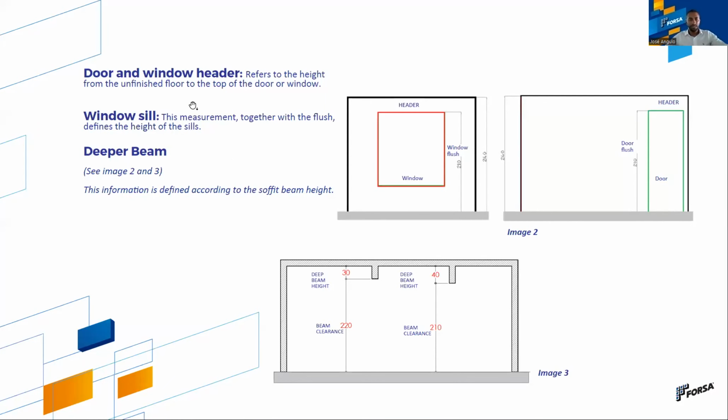Here we will see that door and window heights, those important things, the door and window head heights, are going to play a good role in all these things. Because if you keep these heights, as I show right here, this is the head height of the window, this is the head height of the door.